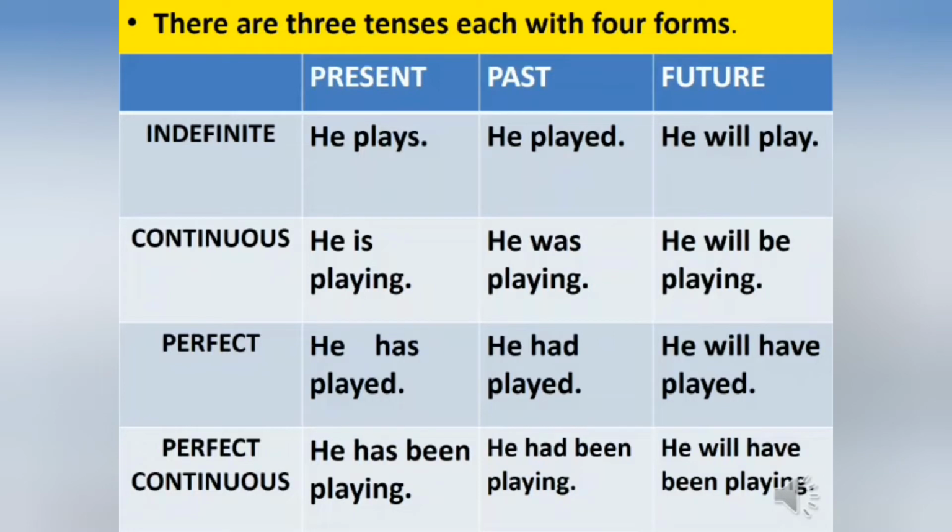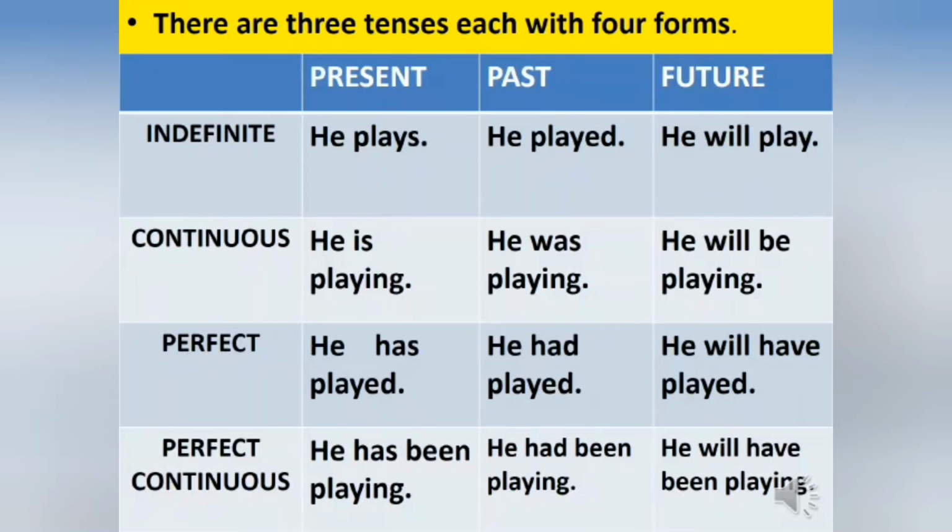Okay, children, have you understood about the forms of tenses, about the four forms of tenses? So let us recapitulate what we studied today: there are three time zones in tenses, that is present, past and future, and each time zone is subdivided into four, that are indefinite, continuous, perfect and perfect continuous.